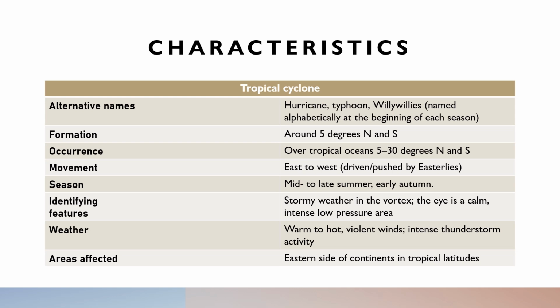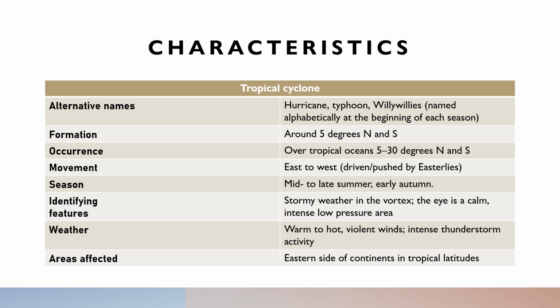It occurs in mid to late summer because in early summer the oceans are not that warm, and it only occurs over warm ocean. The ocean is big and can't be warmed over a small period of time, so it needs more time to warm.